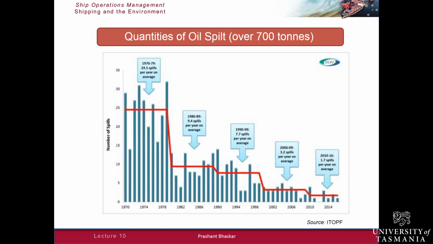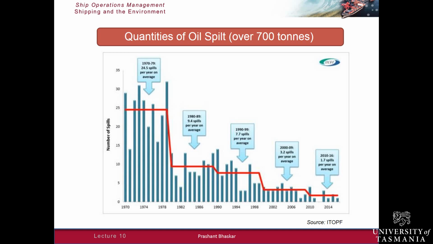Now, if you look at this slide, this is taken from the International Tanker Owners Pollution Federation, or ITOPF, and basically it shows you the quantities of oil spilt over 700 tons.